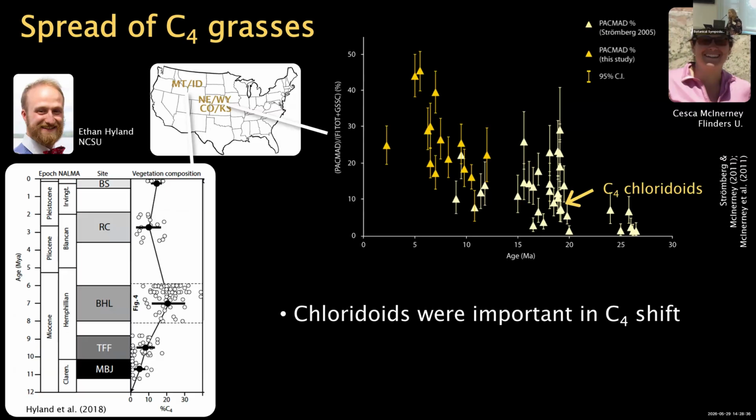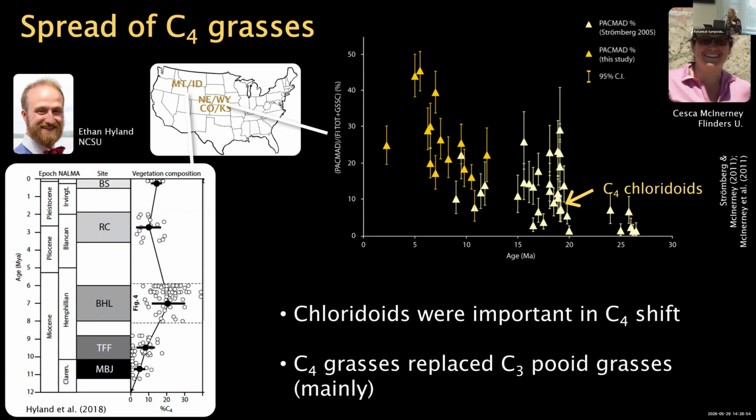And the interesting thing is that chloridoid grasses are an important part of this shift towards C4 grasses, even though we see C4 chloridoids much further back in the record, so at least 19 million years ago in North America. Also importantly, C4 grasses here replaced primarily C3 pooid grasses, so these grasslands that I talked about earlier.